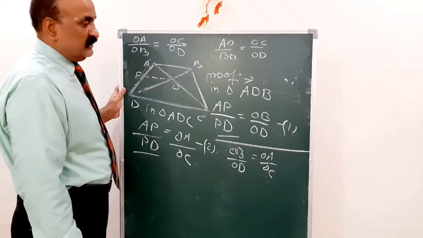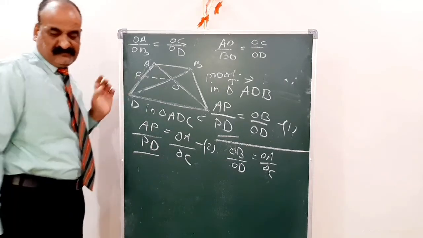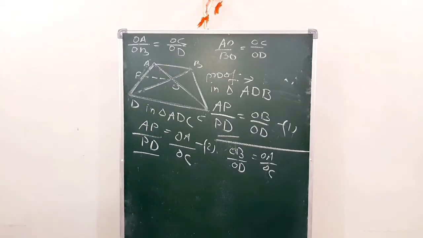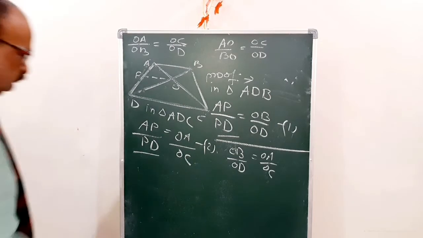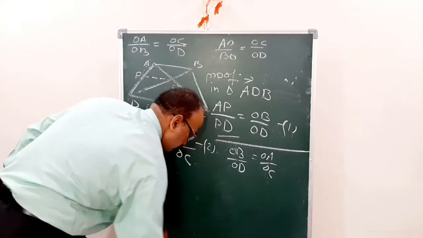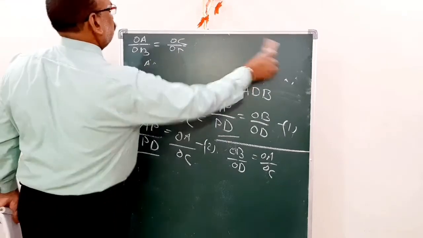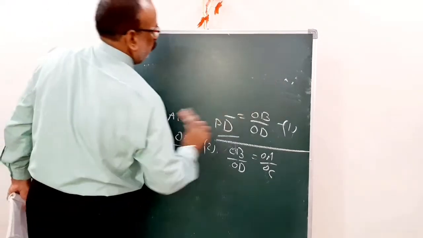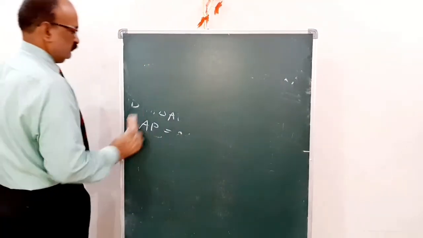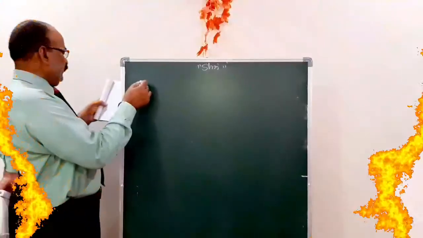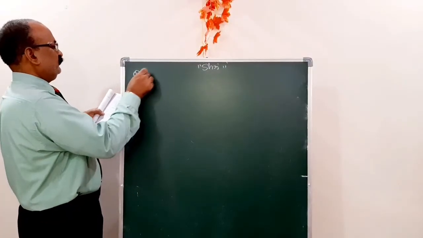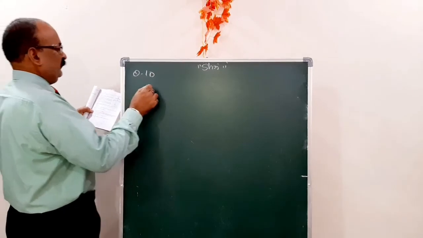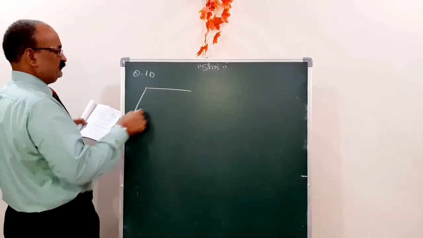Now next question, last question of this exercise. Now question number 10. ABCD is a trapezium.